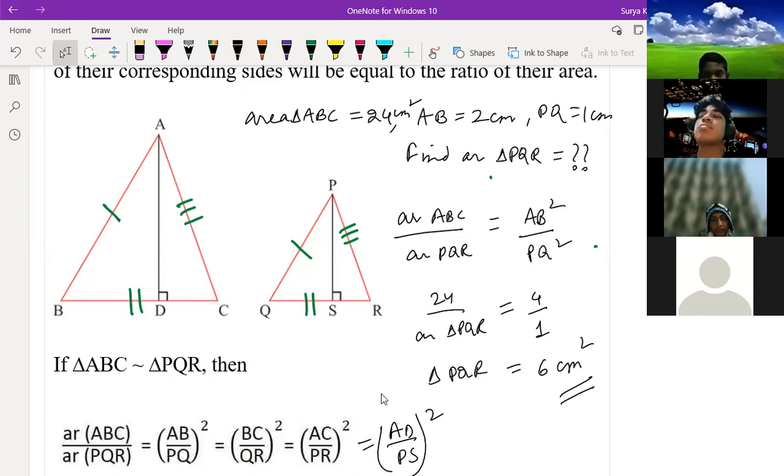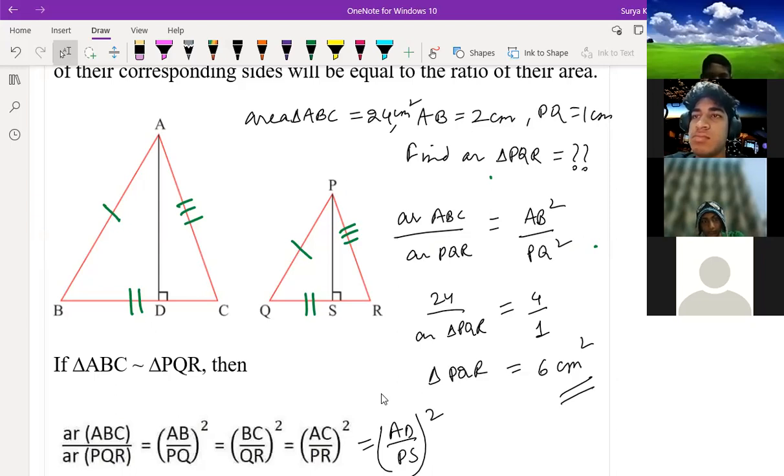If you're having altitude in the triangle, or if you're having the midpoint, that is median of two triangles, those medians and altitudes are also in the same proportion, AD by PS whole square only. Okay, Praharshan? If they give median in the question, then also you can use the same formula.